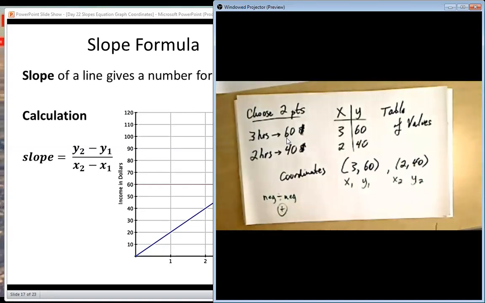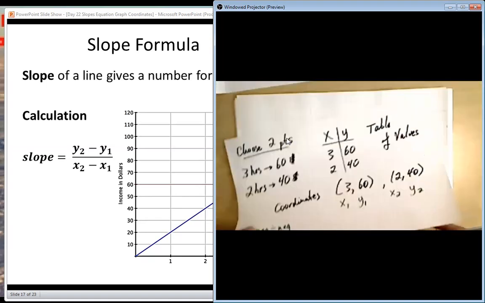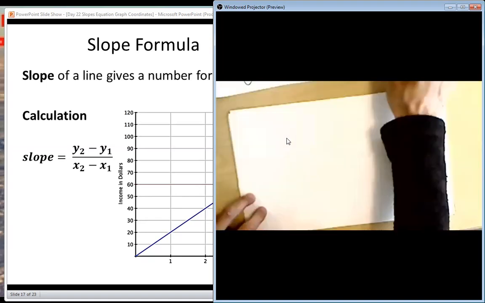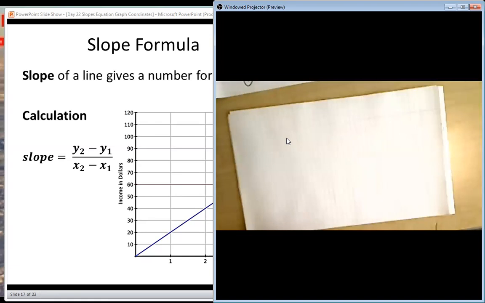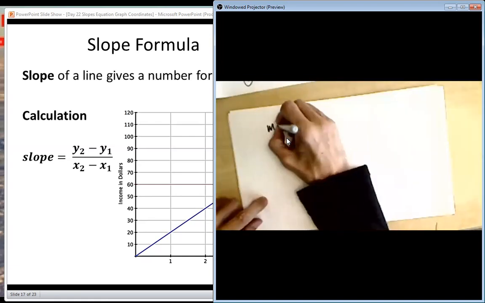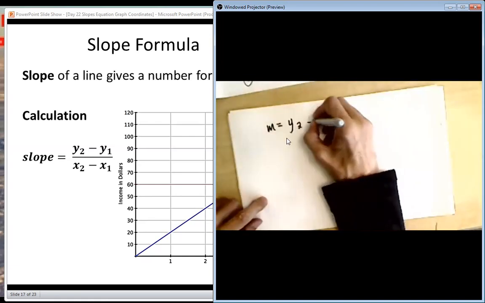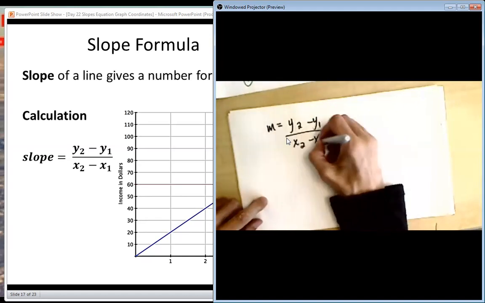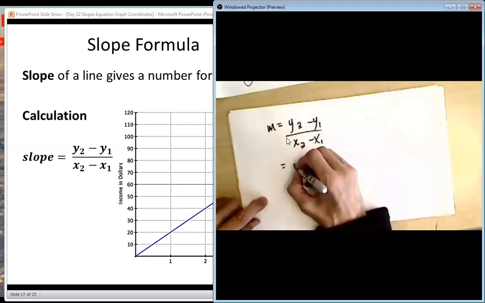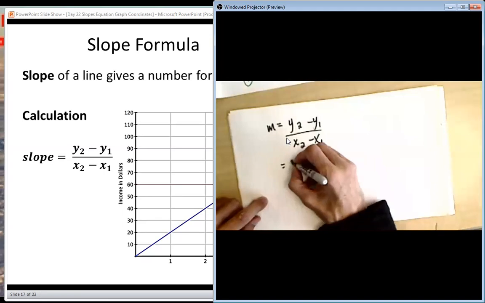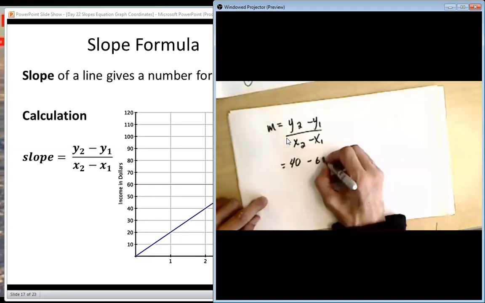Okay, so just to show you this calculation now, right? Formula first. We got, which one was Y2? 40. It's off screen, but trust me. 60.